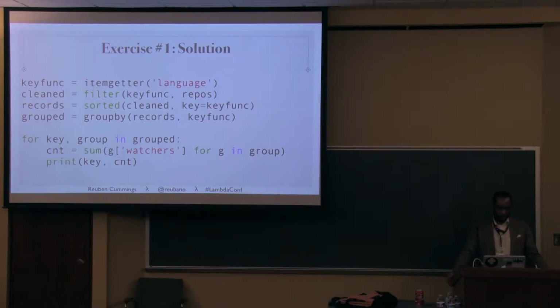One thing you can do, in this case, the issue is that if GitHub returned an empty string, it would be fine, because the key would just be an empty string. The problem is that it's None. So in this case, you need to create a new iterator of repos where any language that was None has now been replaced with an empty string.